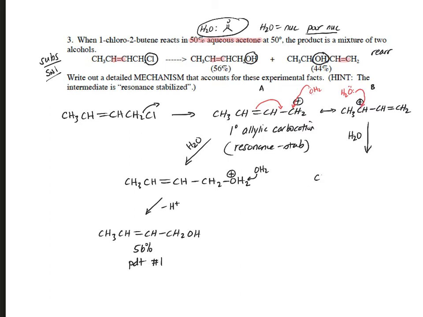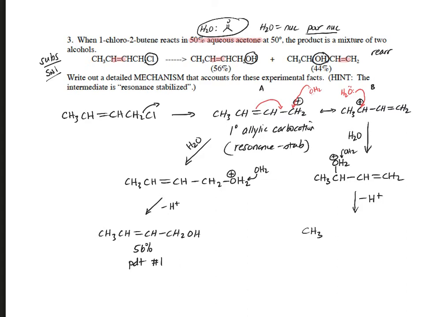I would have a CH3, a CH. That CH is now connected to water, which has a plus charge. And then CH double bond CH2. And likewise, we'll lose H+. Again, another water molecule would come grab it, just deprotonate just like that.